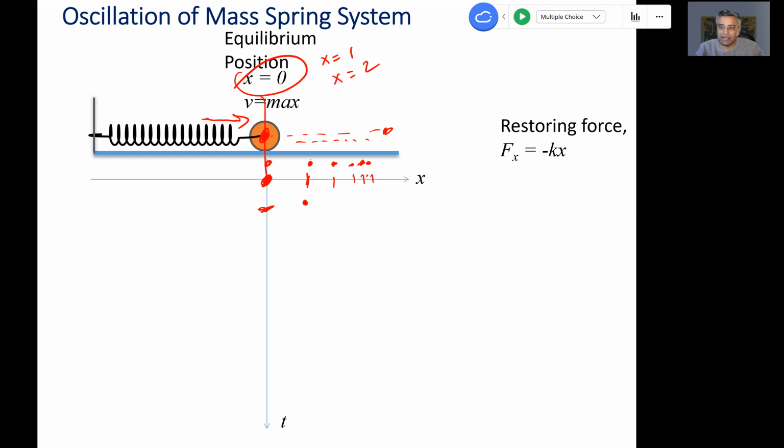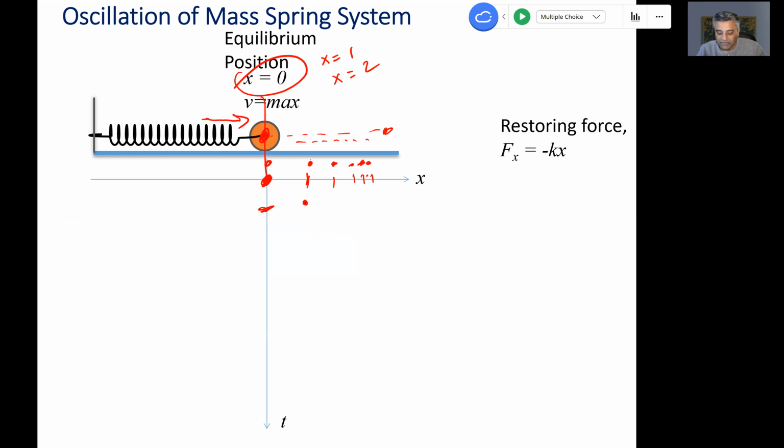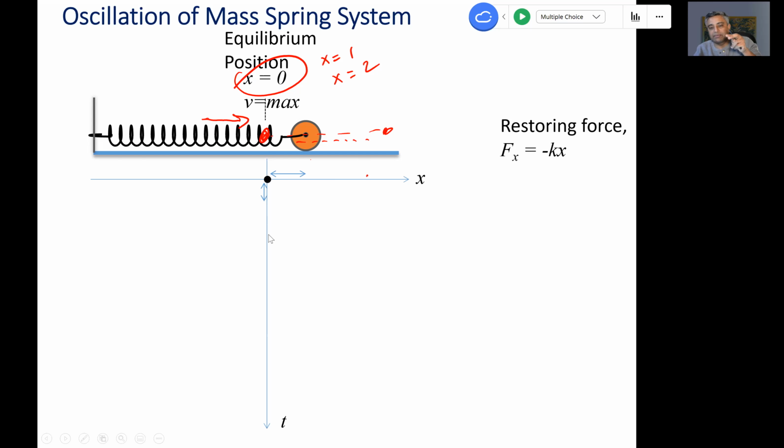And remember, time, we always take equal intervals of time. That could be 1 second or 1/10 of a second. So it's a graph, a position versus time graph, which is why that dot is there, not there.